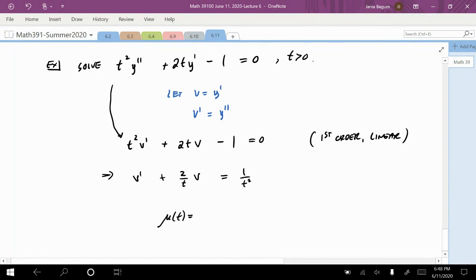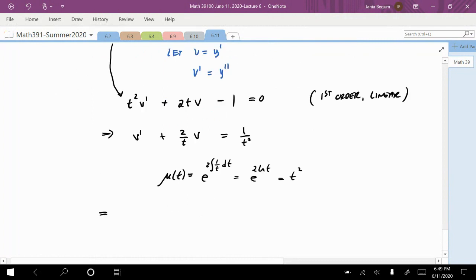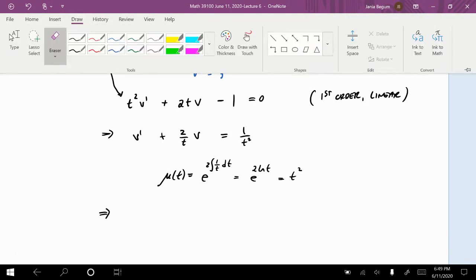Mu of t is going to be e to the integral of 2 times 1 over t dt. So that would be e to the power 2 ln of t. That's t squared.